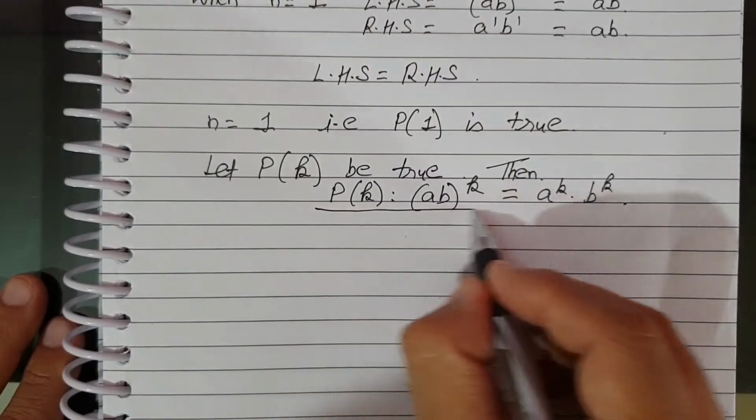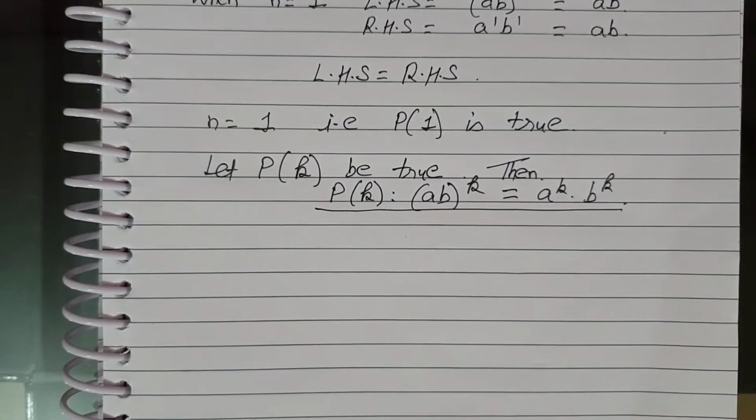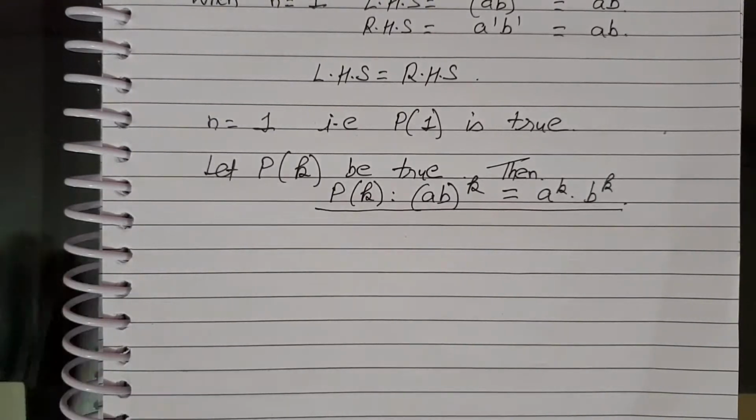So this will be the statement P(k). Now we have to substitute k by k plus 1, which means we have to prove the statement which involves k plus 1 instead of k.